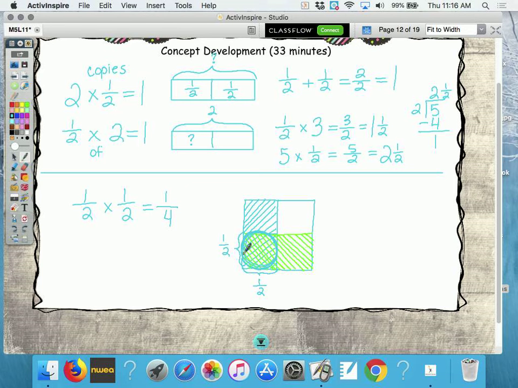Let's multiply a couple more fractions just for the fun of it. Let's do 3/4 times 3/4. We did that one yesterday. 9/16. You guys agree? Yeah. Okay, let's do 1/3 times 4/5. 4/15.